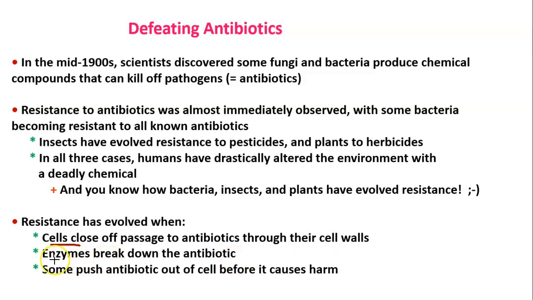Secondly, these bacteria may evolve enzymes that break down the antibiotic, rendering it harmless. And third, some bacteria can actually push the antibiotic out of the cell before it even causes harm. So we know some of the ways that bacteria end up having antibiotic resistance.